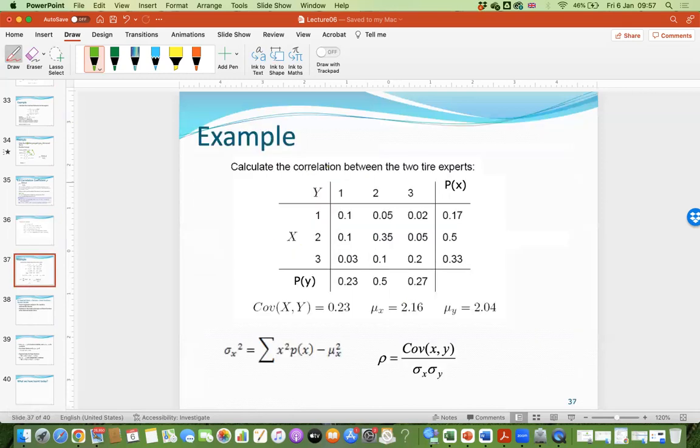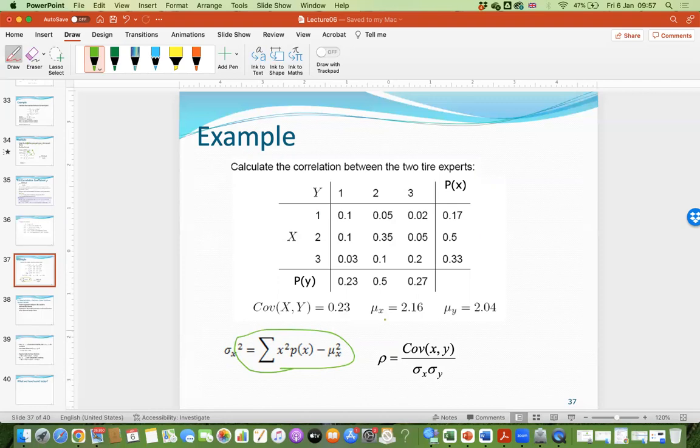Calculate the correlation between the two tire experts. We used this example just now, right? If not mistaken, this equation we learned before. So in order to find the standard deviation, you are using the equation on this.